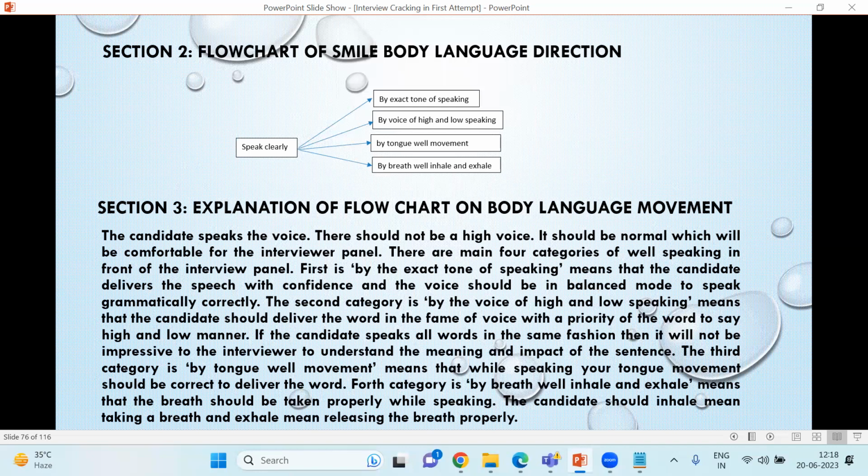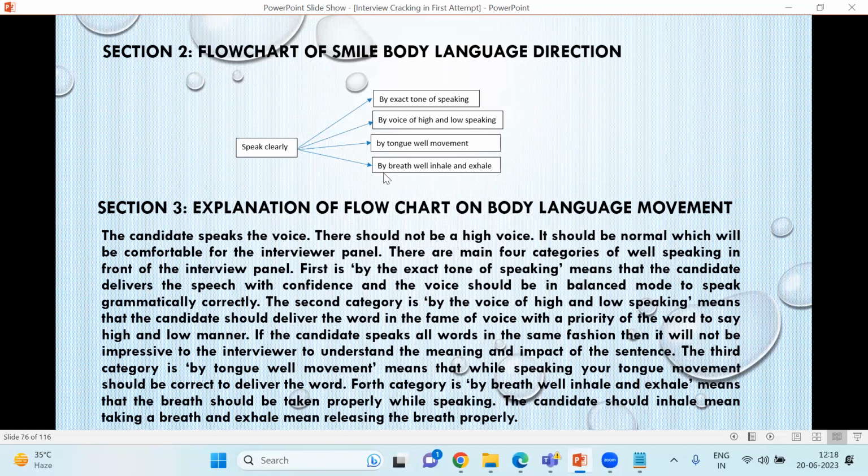The candidate should always move the tongue to make a clear voice in front of the interview panel. If you are not moving the tongue, your voice might not generate the correct pronunciation, which will not be understandable by the interview panel if the words are not said correctly.